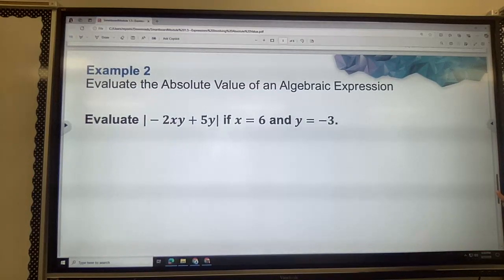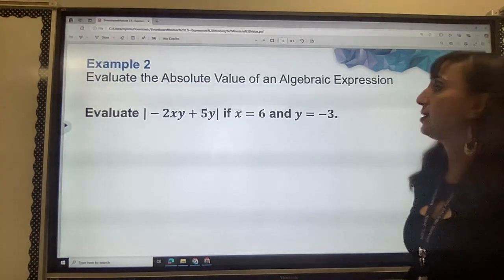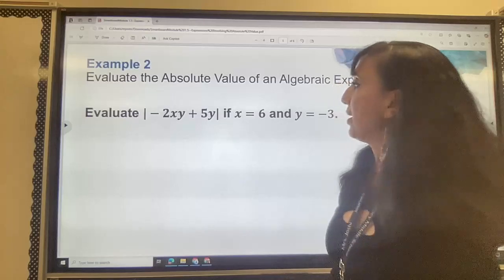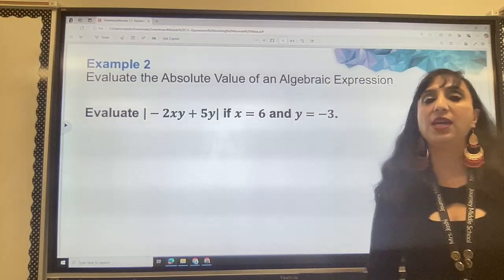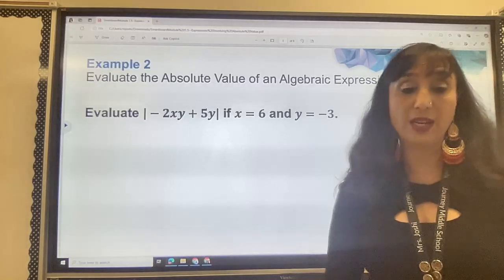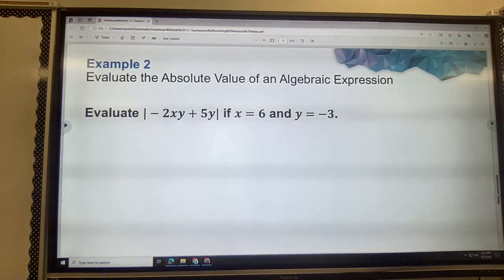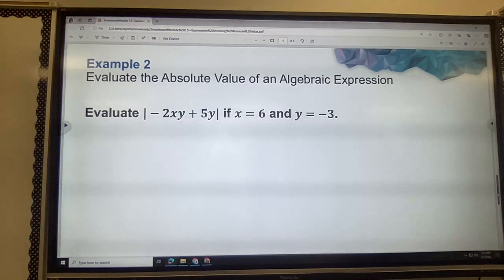of an algebraic expression. So let's look at this problem, and we can see it's asking us to evaluate the absolute value of negative 2xy plus 5y, and then it's given me what x is equal to and what y is equal to. So we are definitely going to use substitution. We are going to replace x with 6 and y with negative 3, and then we are going to solve for this.